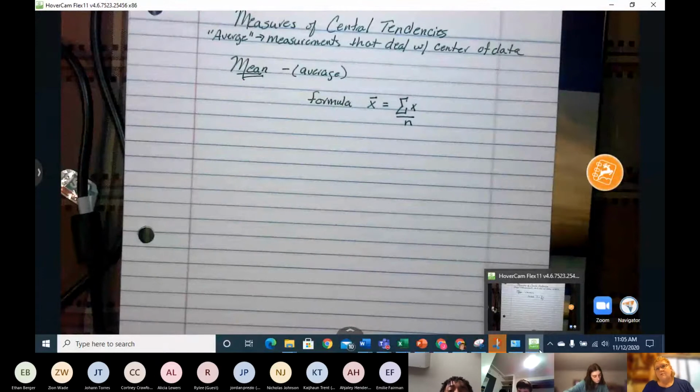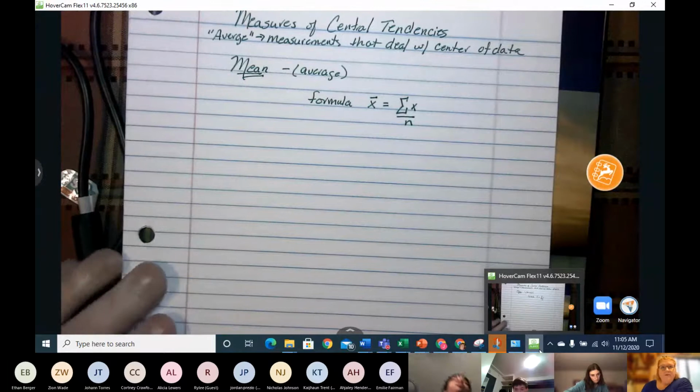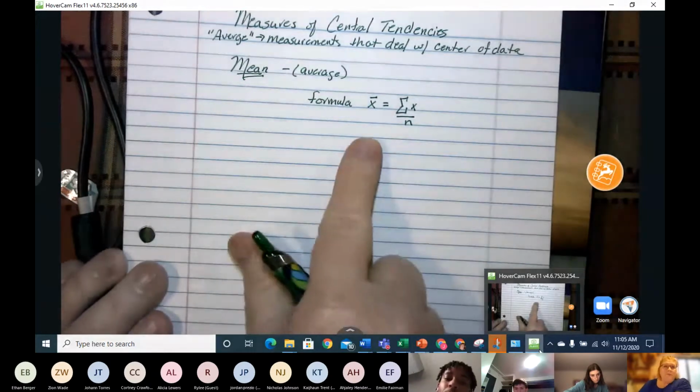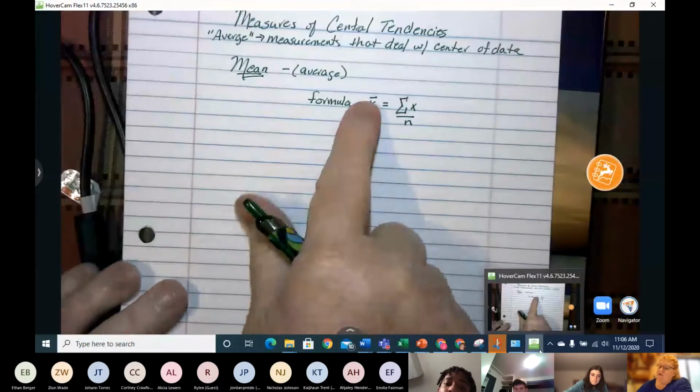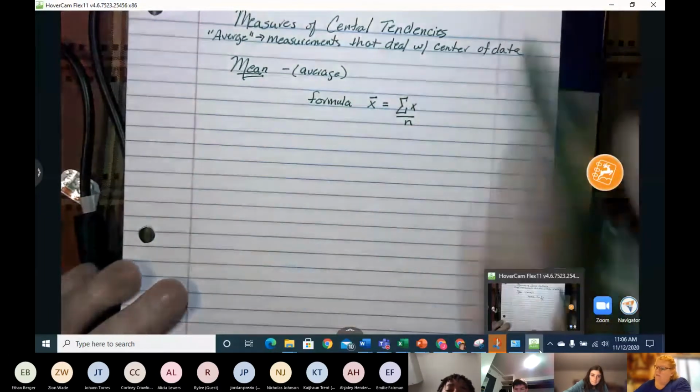Well, all of you know how to find the mean. You add all the values up and you divide by how many there are. That's how you find the mean. Well, that's what that formula is telling you. It's still telling you to do that. You just need to know what the symbols mean.